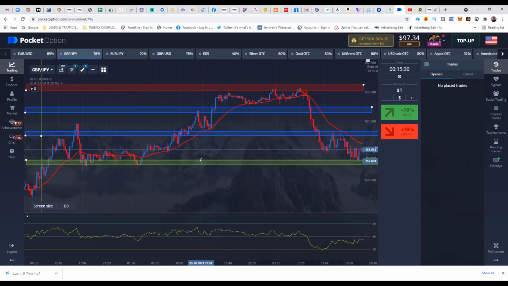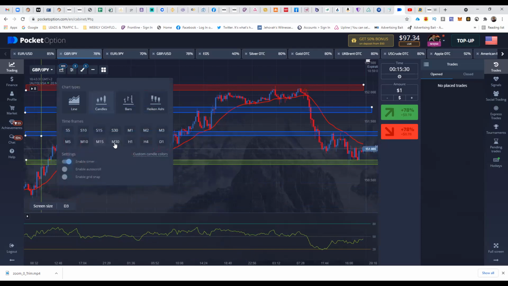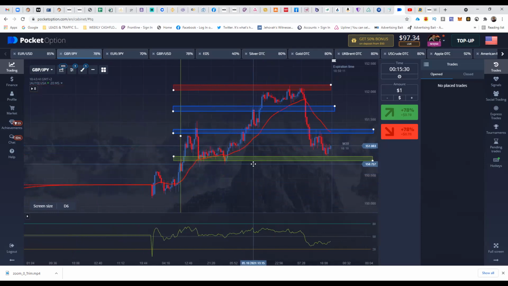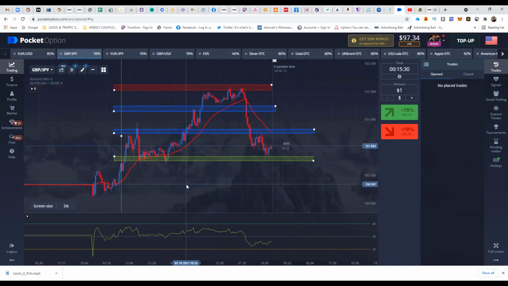Now, what we're going to do is go to the 1 hour and do the same thing, and no, 30-minute, sorry. And we're going to zoom out and see if we notice any new zones to be marked up at this point. So let's stretch this out.